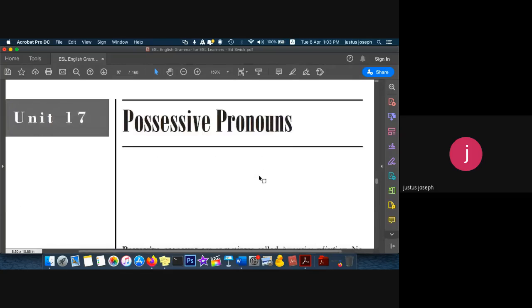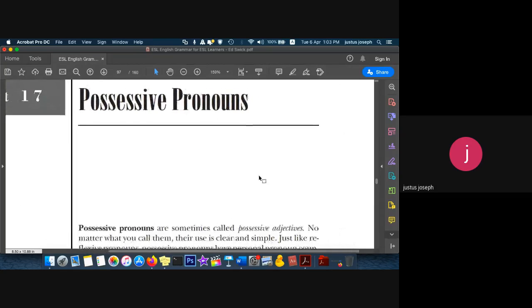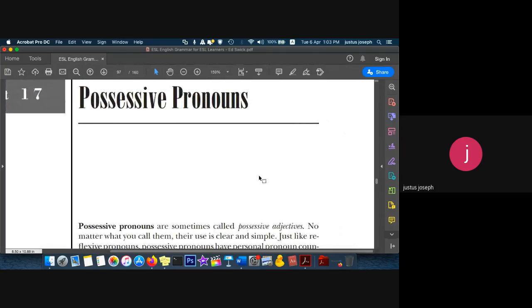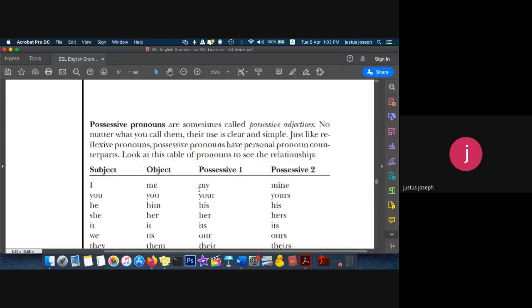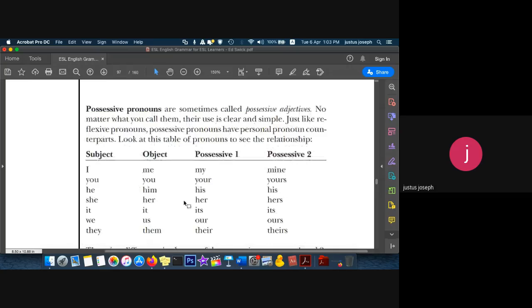Okay, we still have another half an hour. Let's finish this also. Possessive pronouns, another type of pronoun. What are possessive pronouns? My, mine, your, yours, his will remain like that.